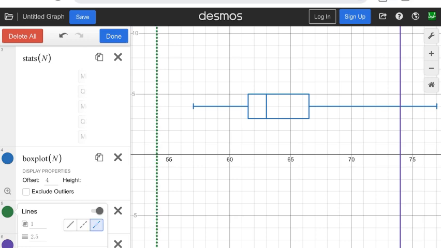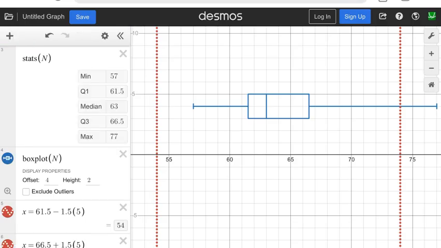Bless you. And just because I want to see it in a different way, I'm going to change these to a dotted line and red. So you go up to that gear, the settings button, dotted line and red. And now I can see where the boundaries are.